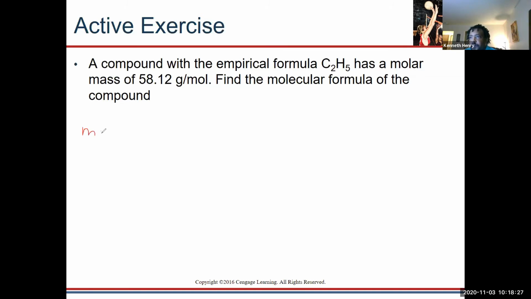So our molar mass is 58.12 grams per mole. So that's of the compound, right? So that's not of the empirical formula. So what do I need to find?